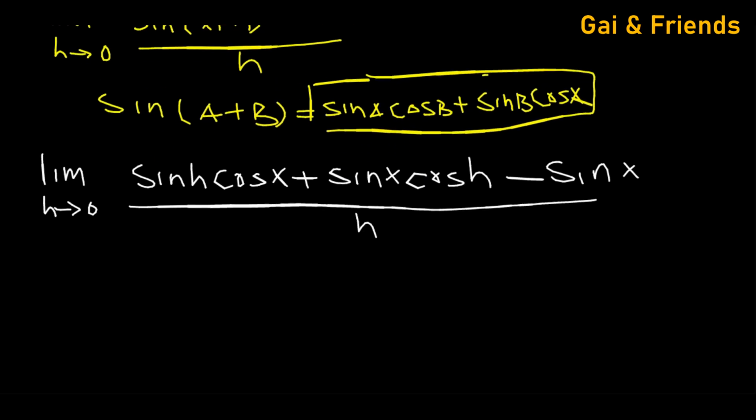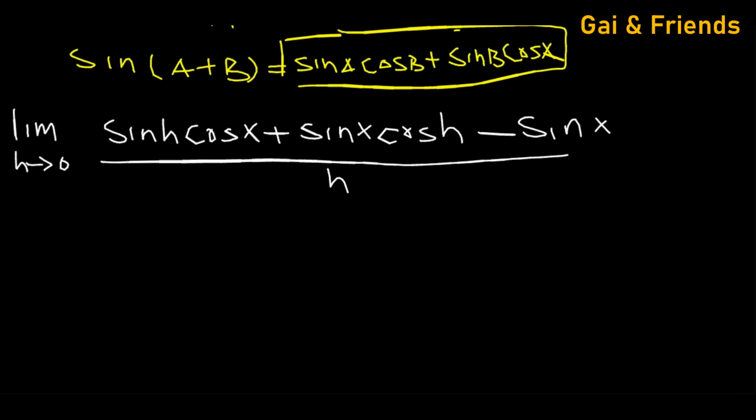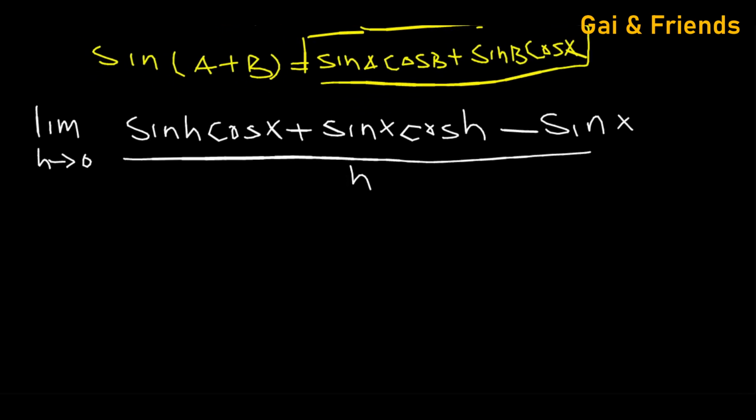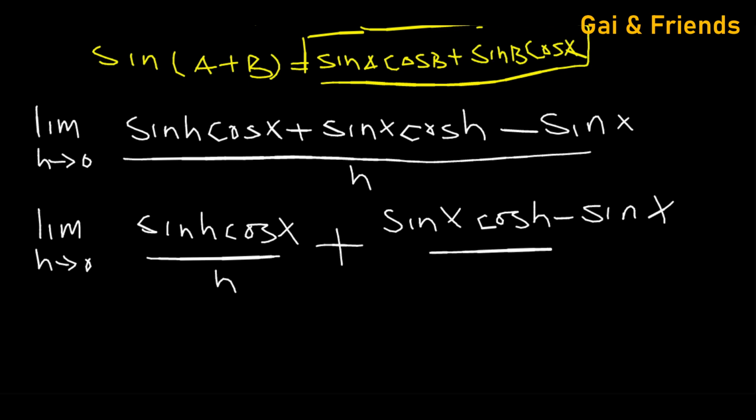Now you need to divide by h, you need to put the denominator on both sides of your problem here. You can say limit as h approaches 0 of sine h cosine x over h, and then plus sine x cosine h minus sine x over h.